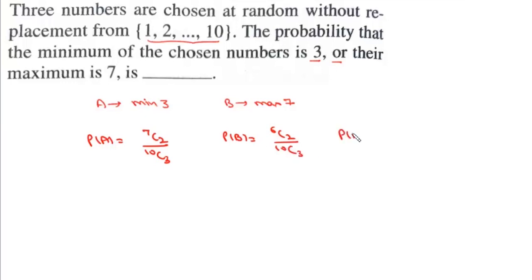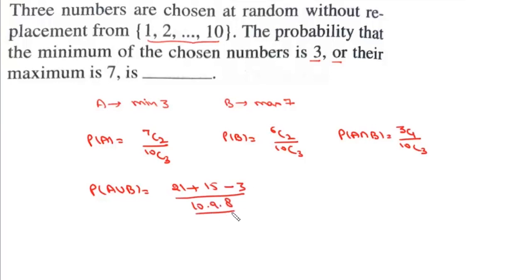And then probability of A intersection B, where we have minimum as 3 and maximum as 7. In that case, we need to choose 1 from 3. So it will be 3C1 upon 10C3. So we need to find this probability of A union B, and it will be 7C2, which is 21, plus 6C2, which is 15, minus 3, upon 10C3, which is 10 times 9 times 8 upon 3 times 2.